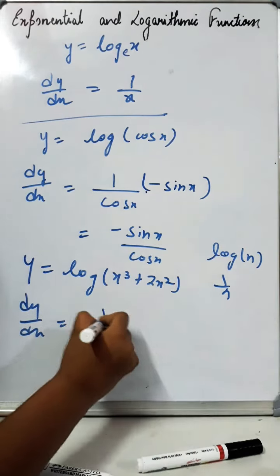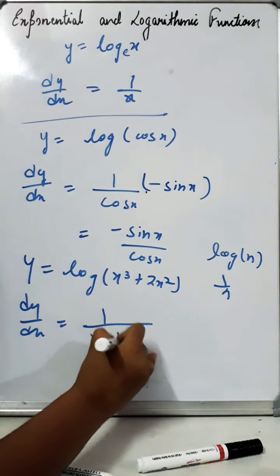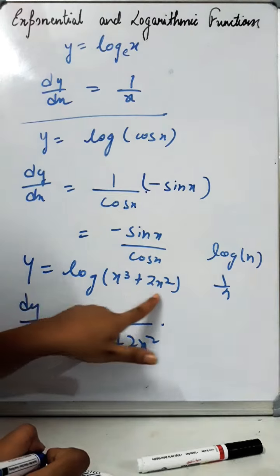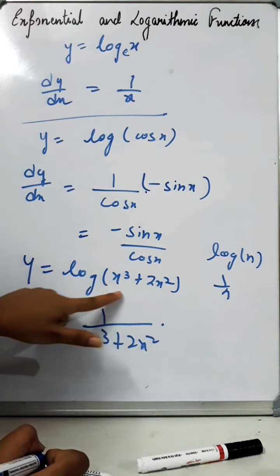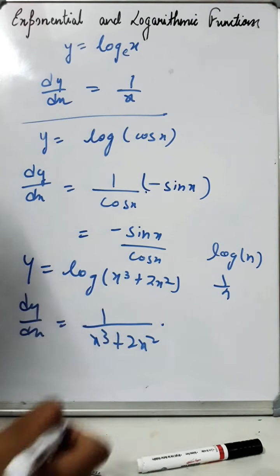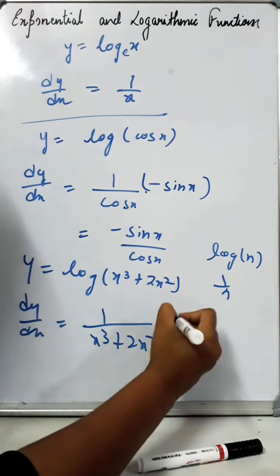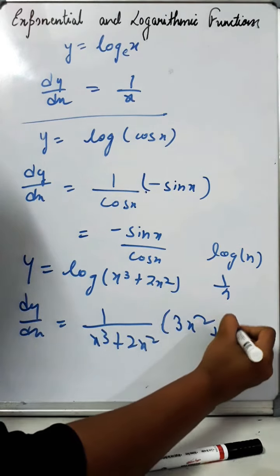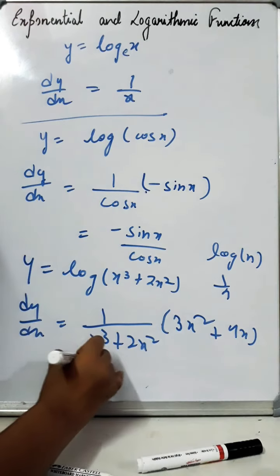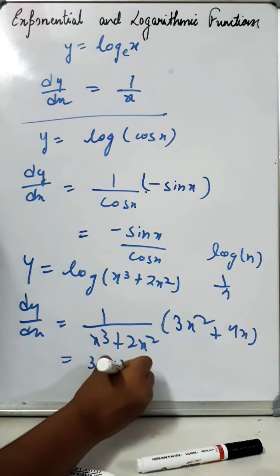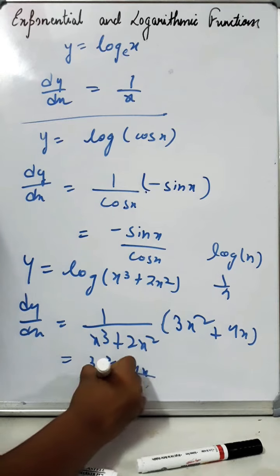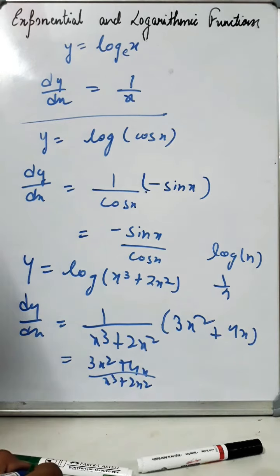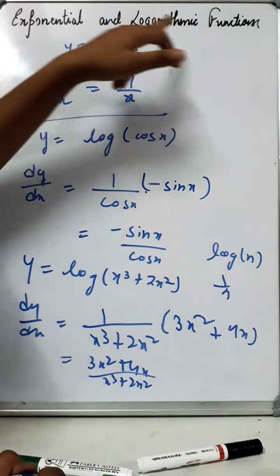So this way you will write 1 upon x cube plus 2x square. But further you know that this term is also differentiable with respect to x. So you will further differentiate this and you will get 3x square plus 4x. So your complete answer will be 3x square plus 4x whole upon x cube plus 2x square. So these are the differentiation of exponential function and log function.